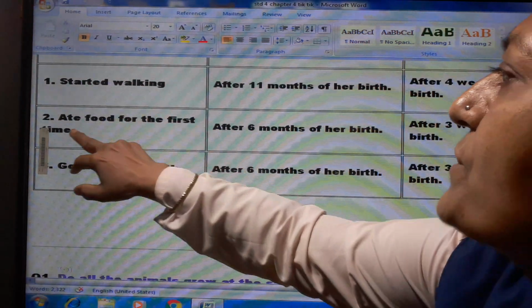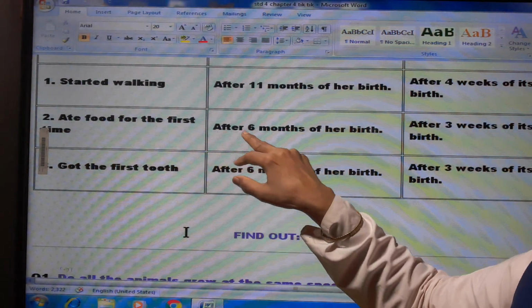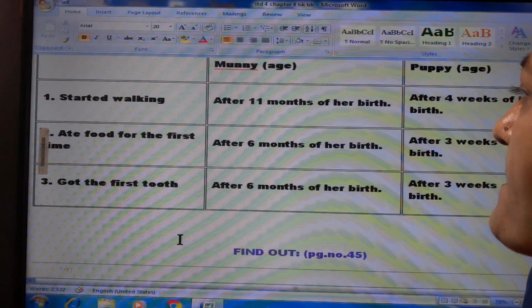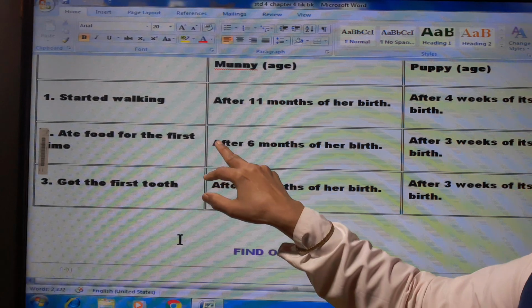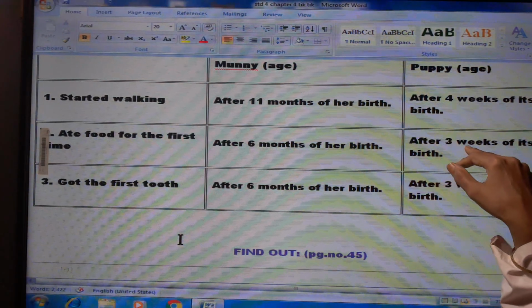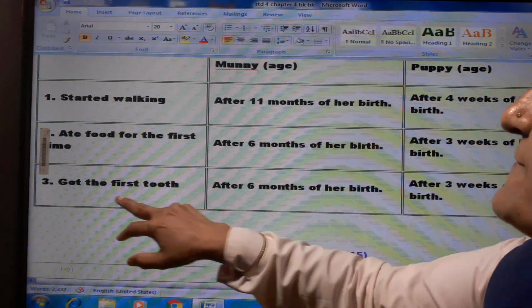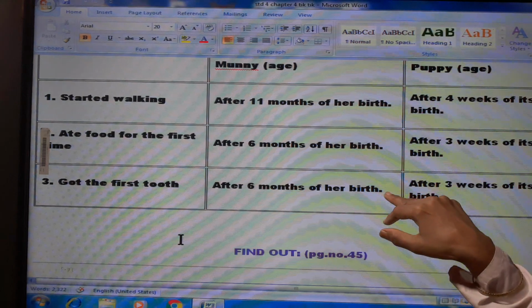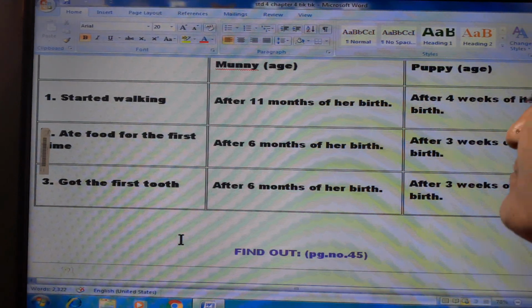Ate food for the first time: Munni after 6 months of her birth, after 1 year and 6 months of her birth; the puppy after 3 weeks of its birth. Got the first tooth: after 6 months of her birth; after 3 weeks of its birth.